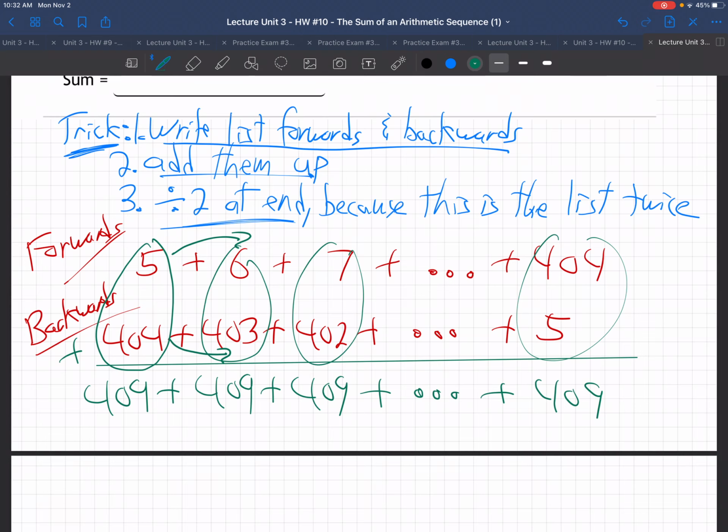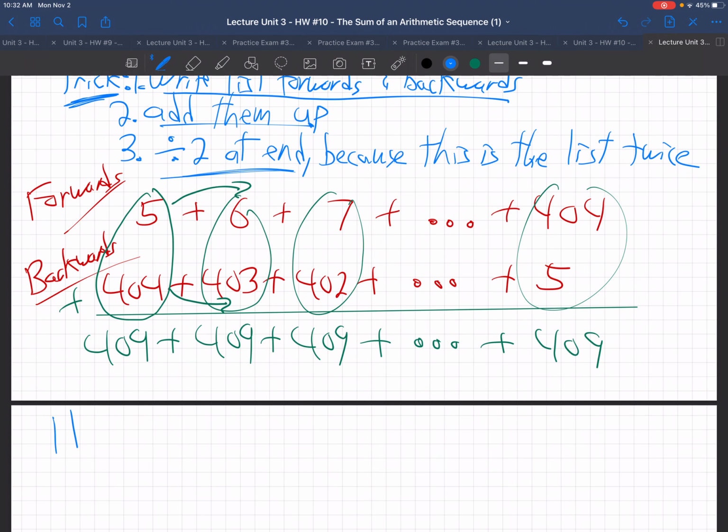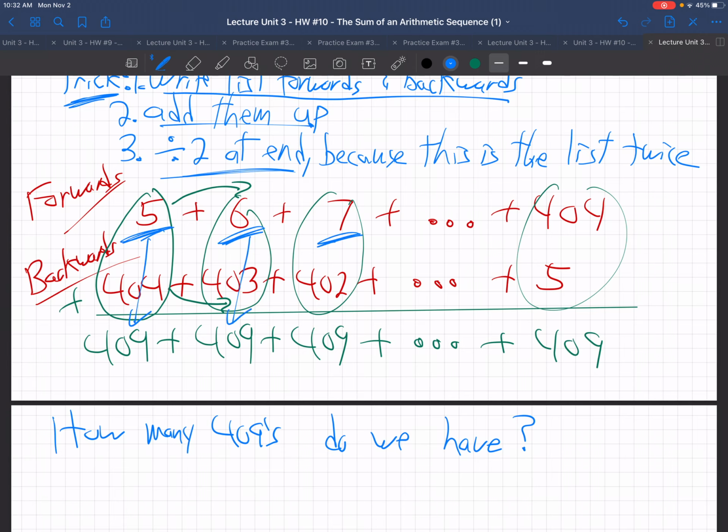Now you can add up a bunch of 409s because they're all the same number. You can add up a bunch of 409s pretty easily by just multiplying by how many 409s you have. But the question is, how many 409s do we have? Well, basically, we have one for every term, right? Because 5 leads to a 409, the 6 leads to a 409, the 7 leads to a 409, all the way to the 404.